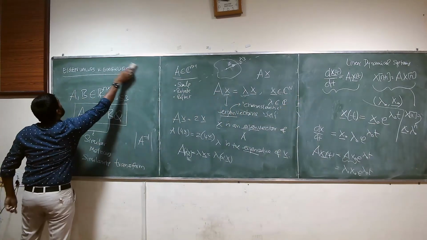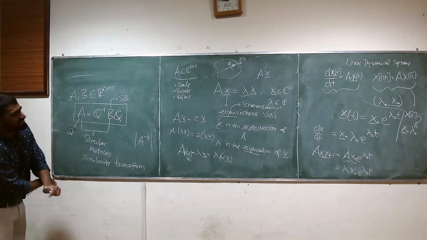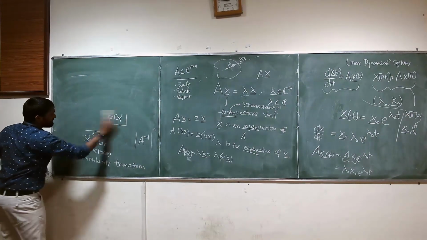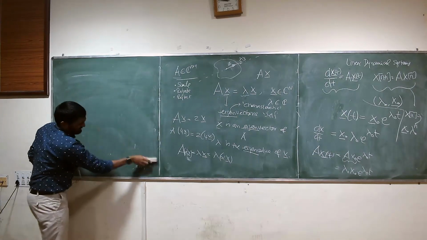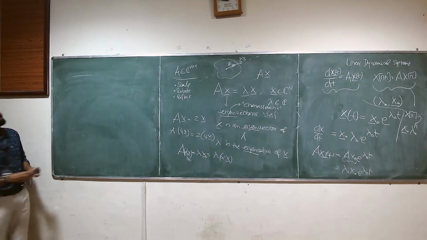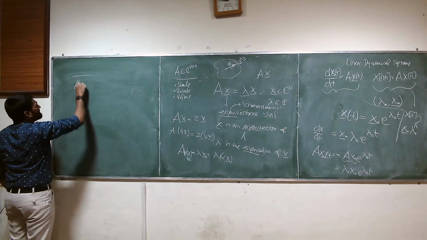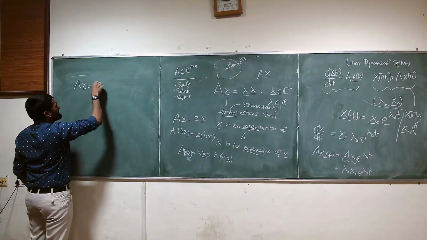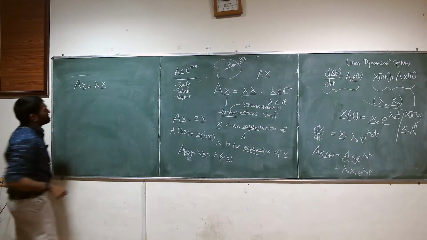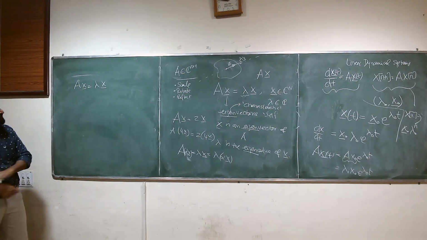Having given you an example of where this might be useful, the question is, how do we find the eigenvalue and the eigenvector? If you have a matrix A, and Ax equals lambda x, let's say x is an eigenvector and lambda is the associated eigenvalue.